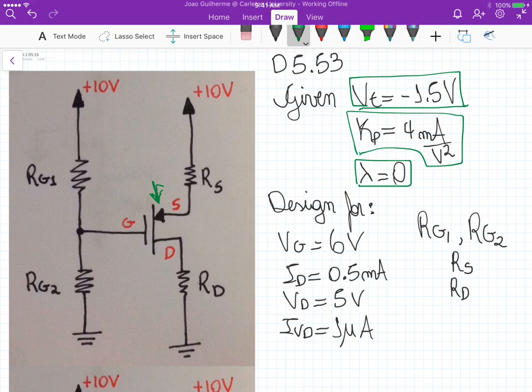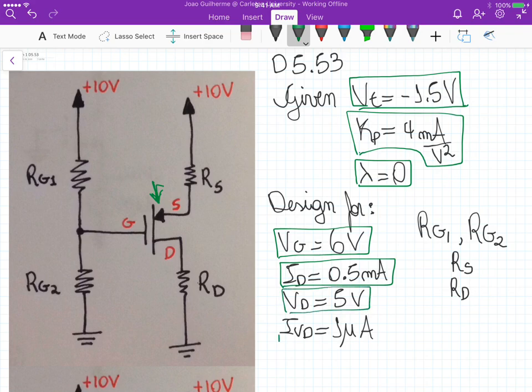this circuit. So choose our RG1, RG2, and source and drain resistors, so that we have a gate voltage of 6 volts, a drain current of 0.5 milliamps, and a drain voltage of 5 volts.